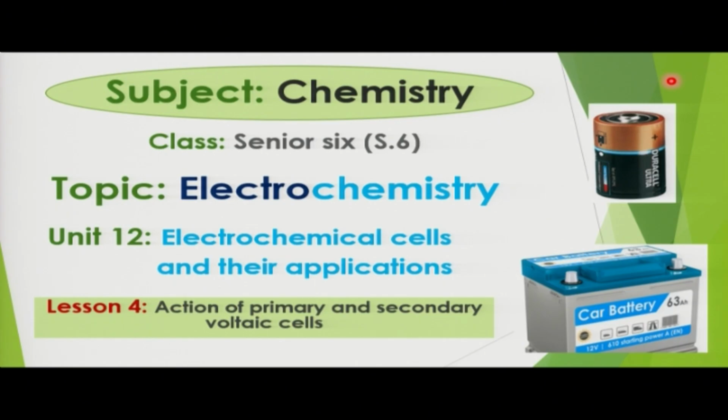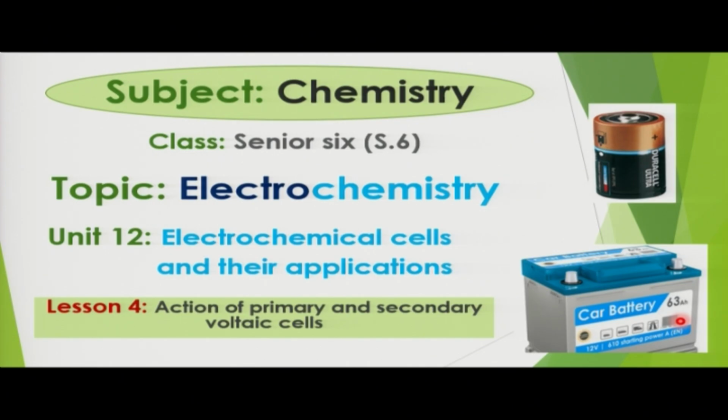You notice on the slide, you're having the dry cell, Duracell, and the car battery. In today's lesson, we shall be looking in detail at what makes up this dry cell and how it produces its voltage, which is around 1.5 volts. Then we look at the car battery, which will be around 12 volts.